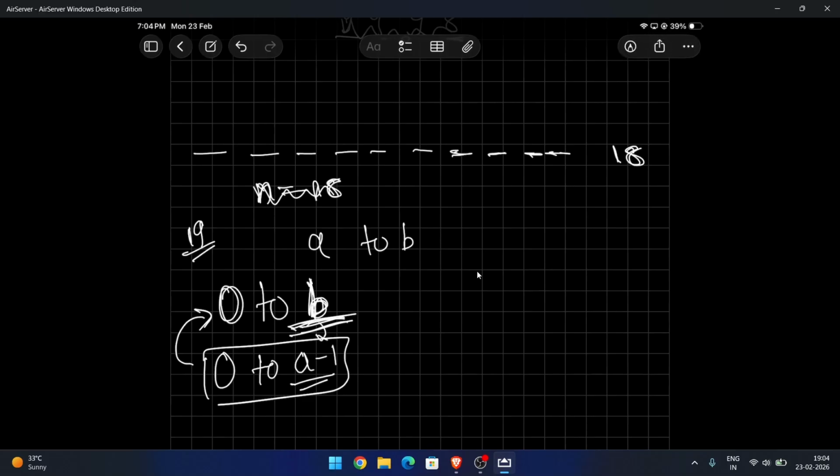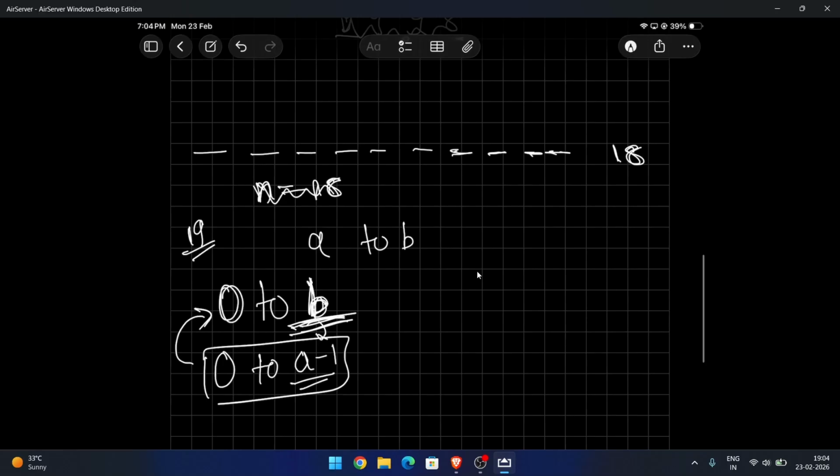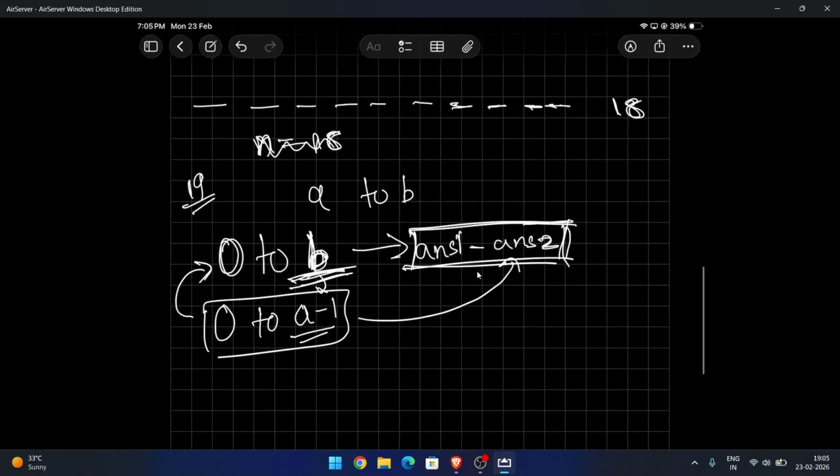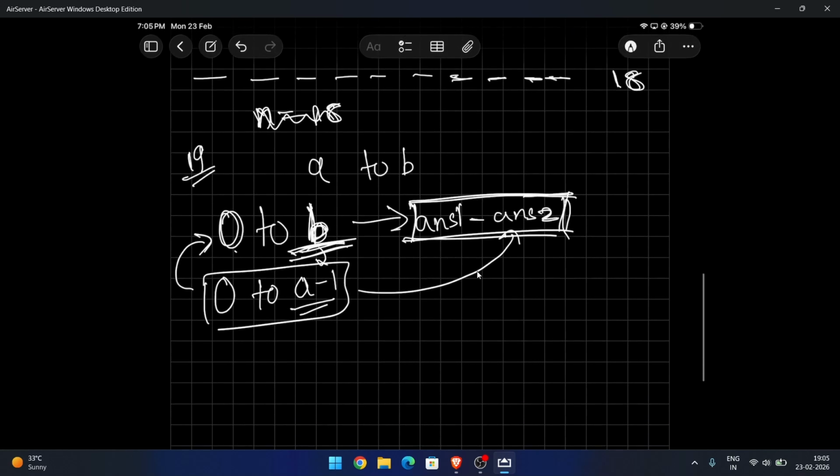So I can solve these two problems individually, and my final result will be the answer of this minus the answer of this. Why did I do this? Because it is easier to maintain just one variable than two variables, and the problems are basically the same.